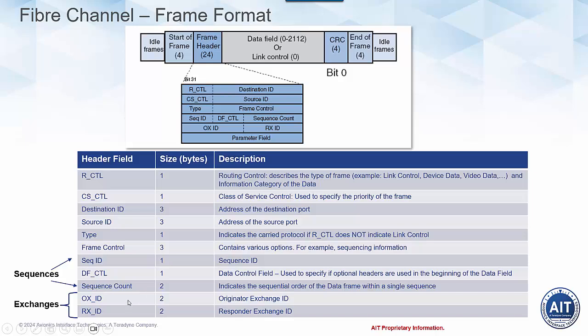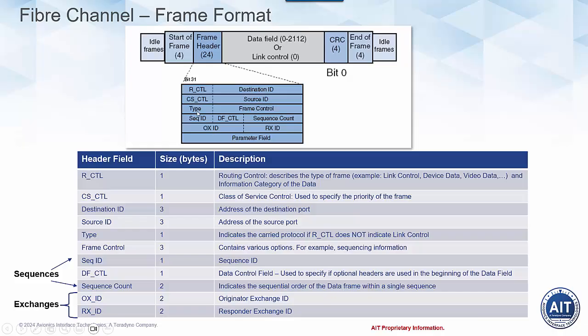At the next level up, the exchange, you have the originator of this exchange, the ID that identifies the exchange from the respect of the originator, and then the responder, the other side responding in the exchange, that's that node's ID for that exchange.